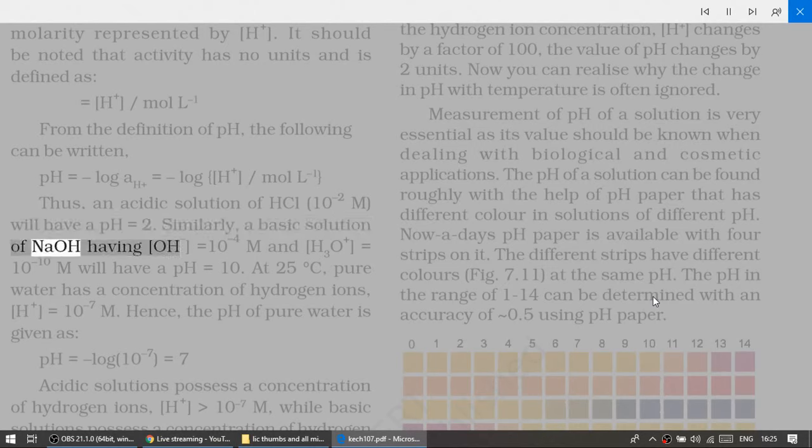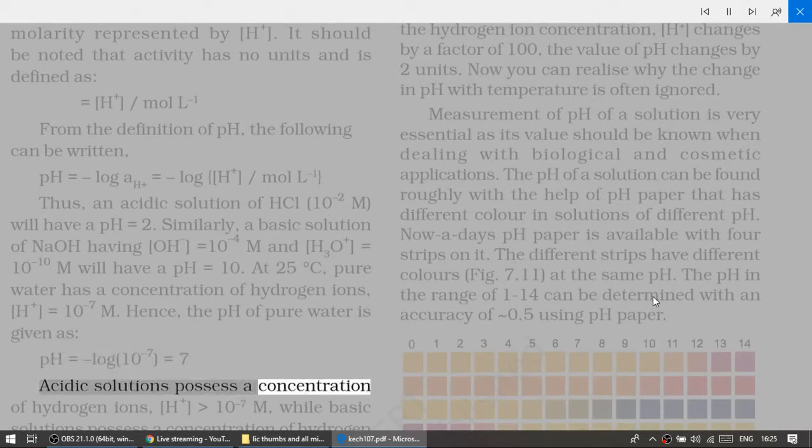Similarly, a basic solution of NaOH having [OH-] = 10^-4 M and [H3O+] = 10^-10 M will have a pH = 10. At 25 degrees Celsius, pure water has a concentration of hydrogen ions, [H+] = 10^-7 M. Hence, the pH of pure water is given as pH = -log 10^-7 = 7.